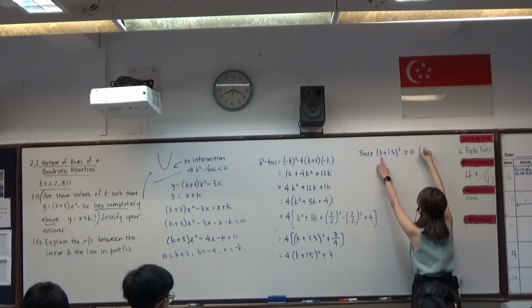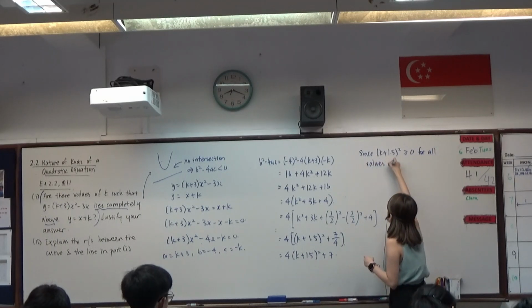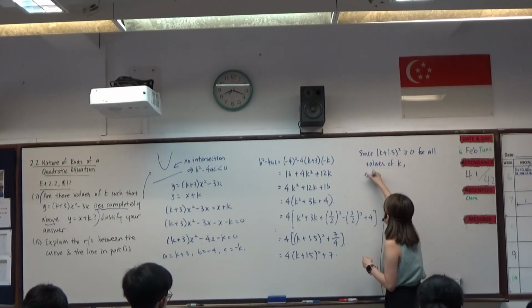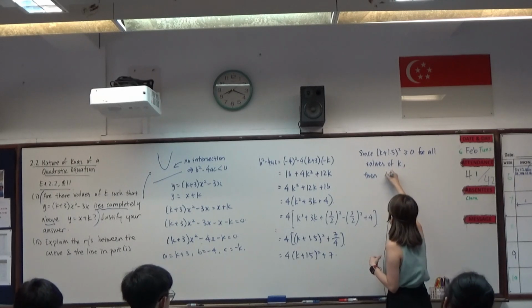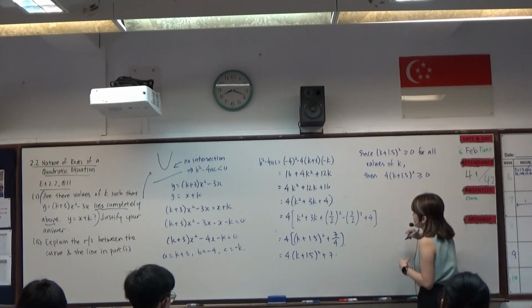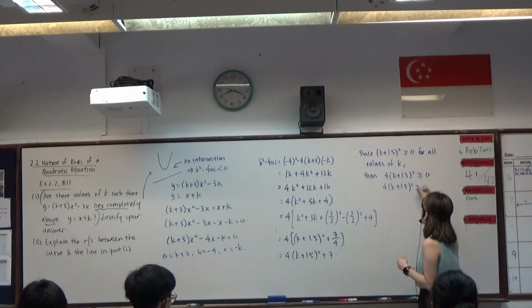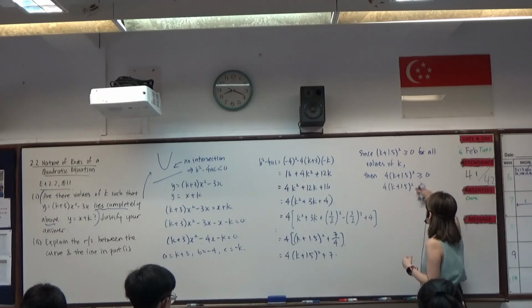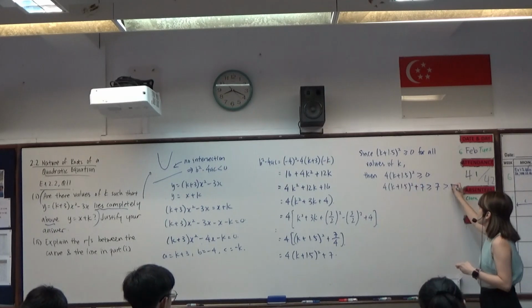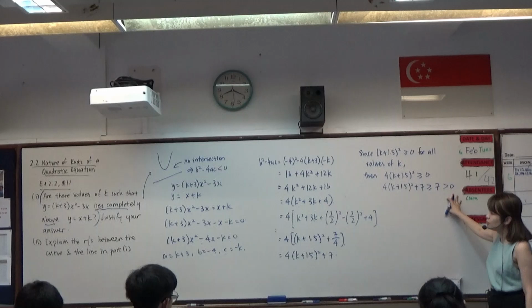Then 4 times of it will still be more than or equals to 0, plus 7 will allow the entire expression, the entire discriminant, to become more than 0.